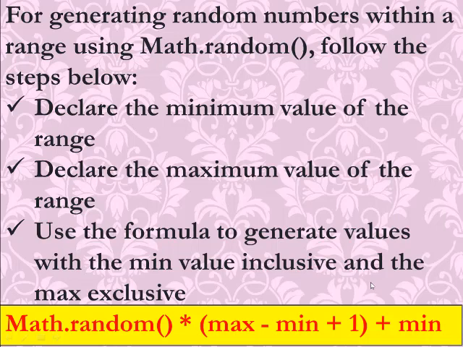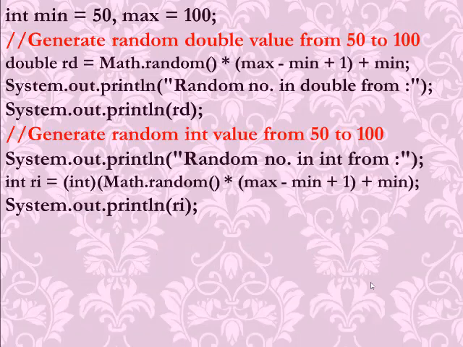Example, if you want to get numbers between 50 and 100 only, then set min to 50 and max to 100. Then use the formula math.random into max minus min plus 1 plus min and print the value.